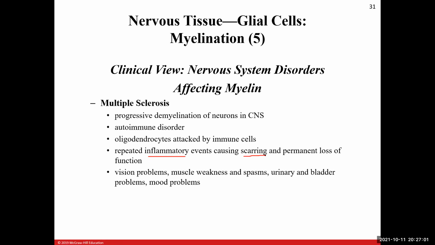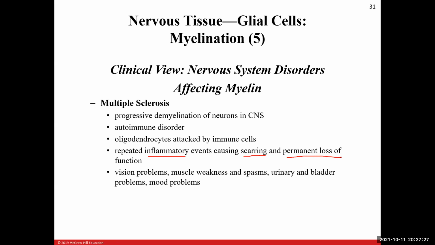Normally, you lose organ function, and that's what happens here. We now have a permanent loss of that organ function because we attack those cells, damage those cells, and now we have damaged neurons as a part of that process.